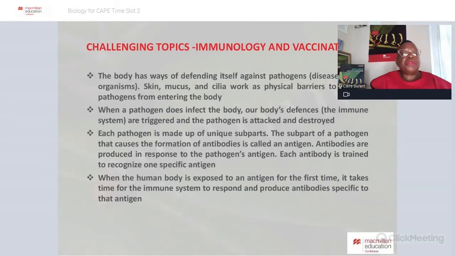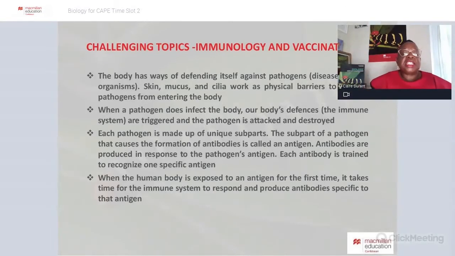But sometimes pathogens get past all of these, especially if you have a cut or some place on your body that is open, or just into your mouth or into your nostrils. And we have learned a lot about that since we had COVID. When a pathogen does infect the body, our body's defenses, which is the immune system, are triggered, and it attacks and destroys the pathogen.